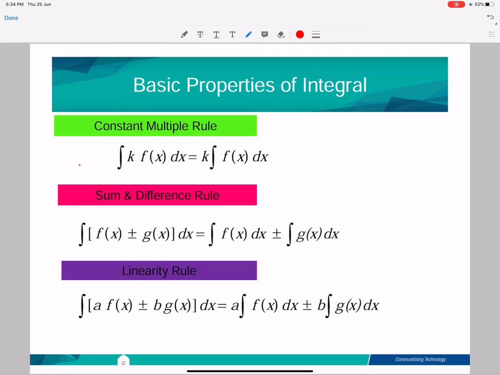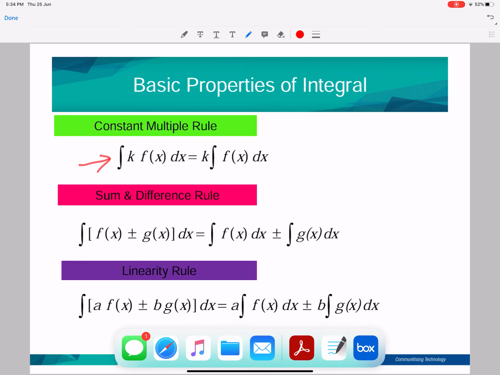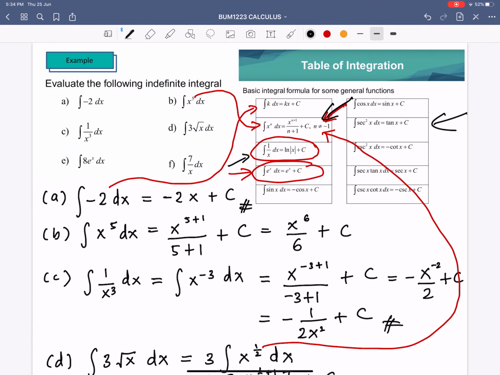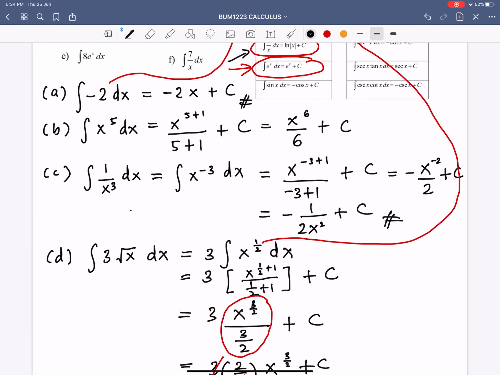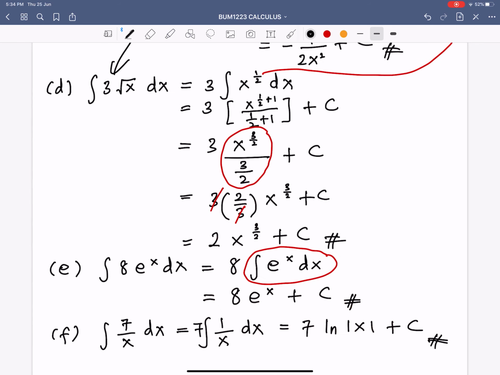We saw this in our examples just now, where we factored out the 3, the constant 8, and the constant 7.